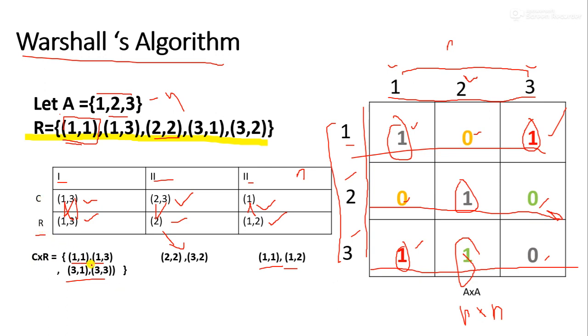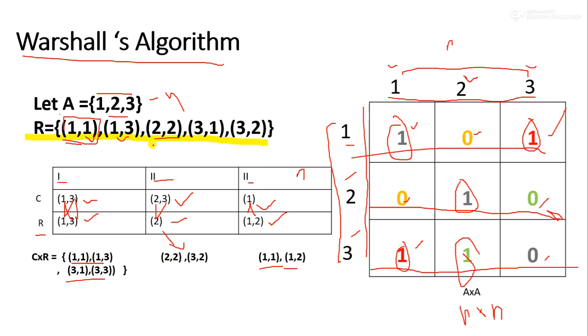Now we need to check whether these elements are there in our relation or not. If any of the elements are not present in this relation, then our relation is not a transitive relation. Here we have 1 1, so we have 1 1 here. Here we have 1 3, so we have 1 3 here.